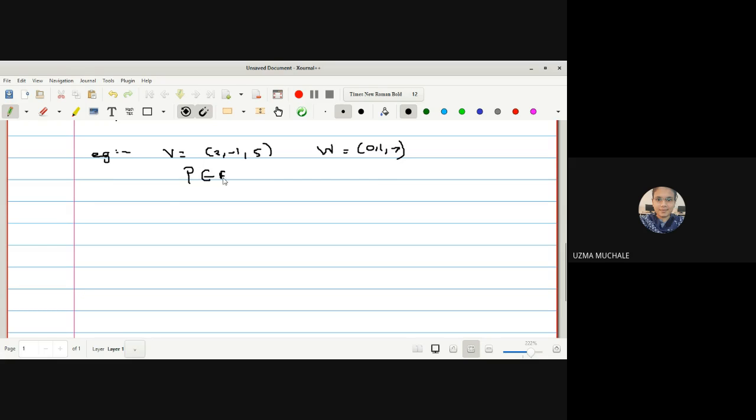P is any point from E3 space. Then what is 5VP minus 3WP? You have to write 5VP plus 3WP as a linear combination of U1P, U2P, U3P. Okay, are you getting what the example is?